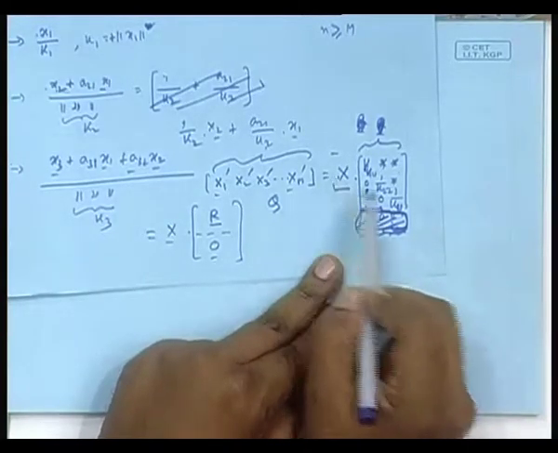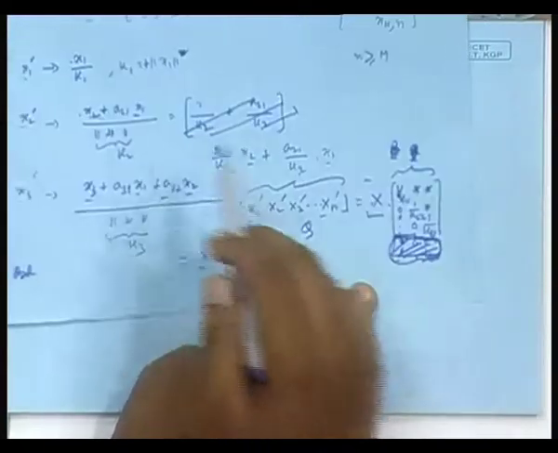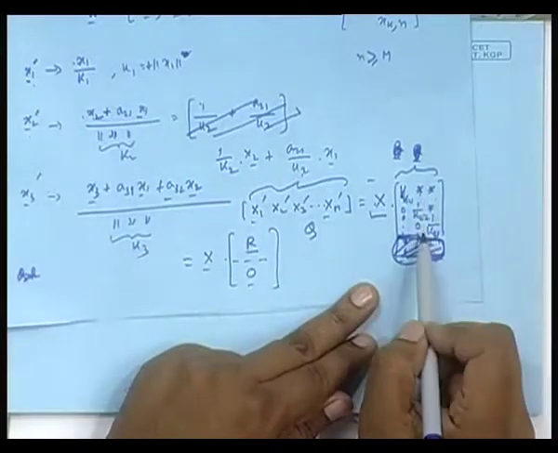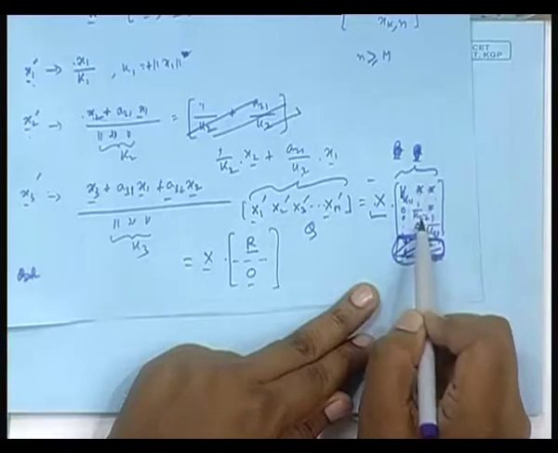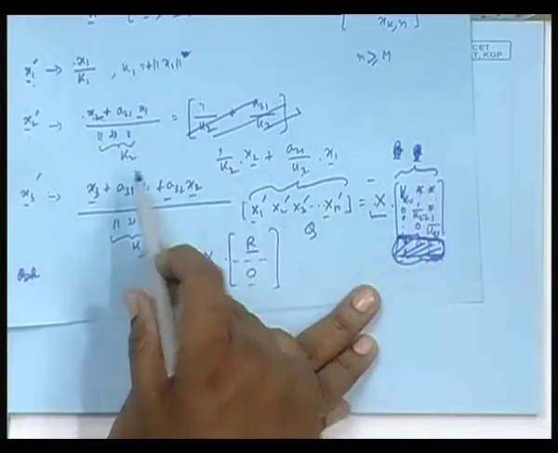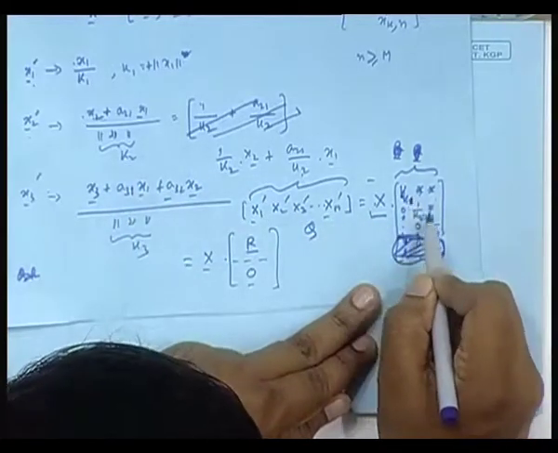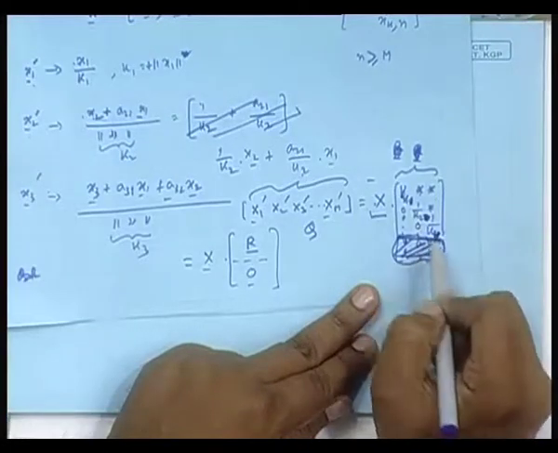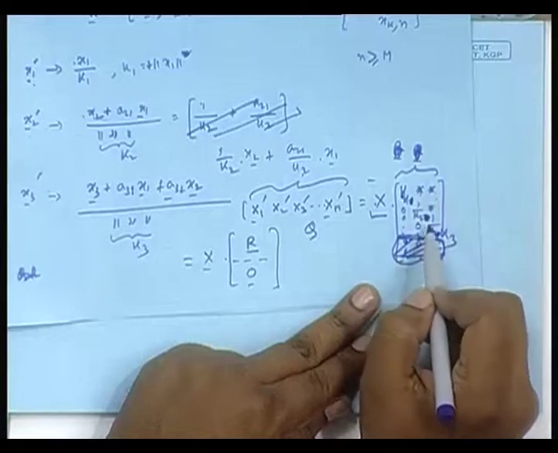So 1 by k11 multiplies x1, fine. Zeros don't come here, it was just a slip of the tongue. Then 1 by k2, 1 by k3, and these terms.